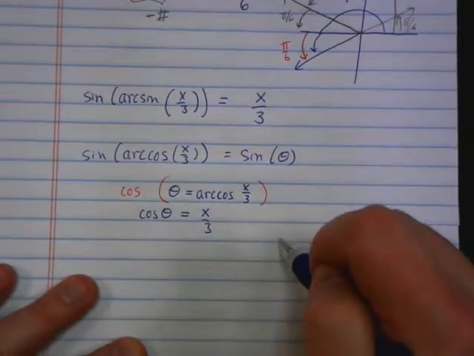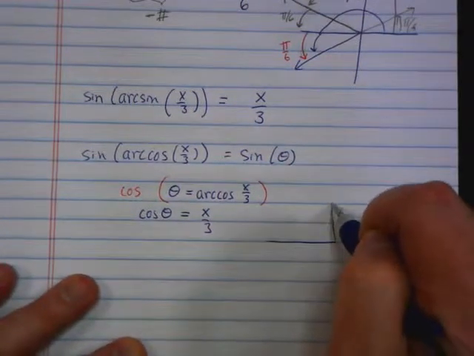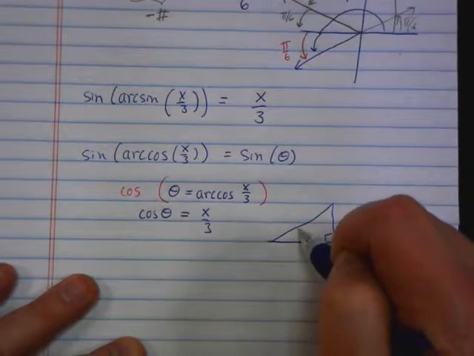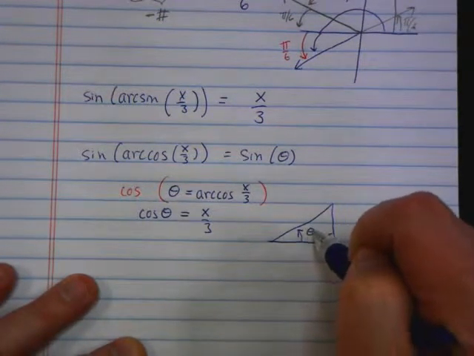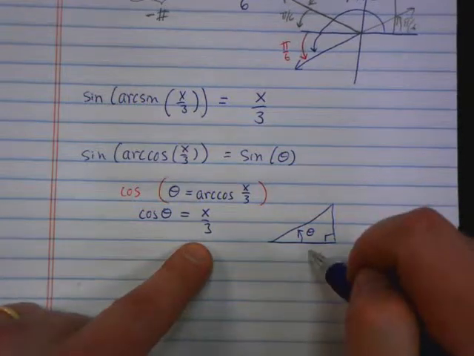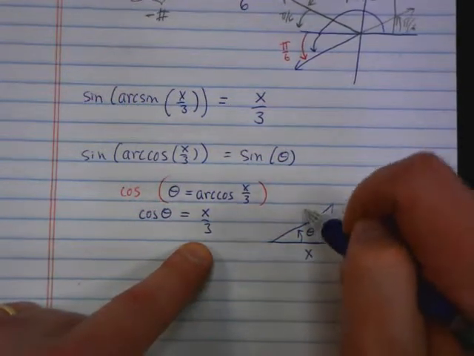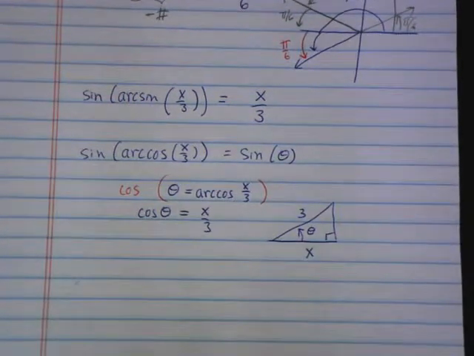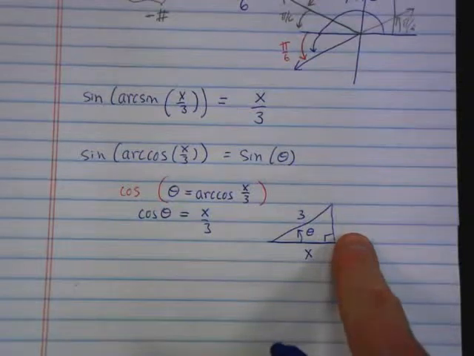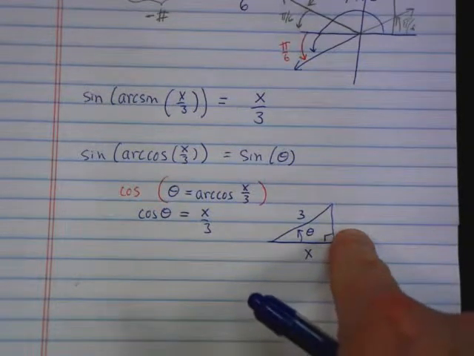I'm going to draw a pretty little right triangle. Here's my angle theta. If cosine of theta is x over 3, cosine is adjacent over hypotenuse. And then I can go talk to my good friend Pythagoras and find the length of the other side. a squared plus b squared equals c squared.